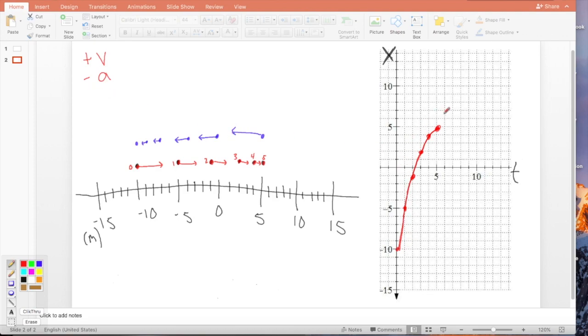What I notice about the curve here on the graph is that it is getting shallower and shallower. If you were to right now on your screen hold up a ruler or a straight edge or something like that and kind of trace the curve with your straight edge, you would see that it would start very, very steep here at the beginning. By the time you got around here, it would almost be horizontal.